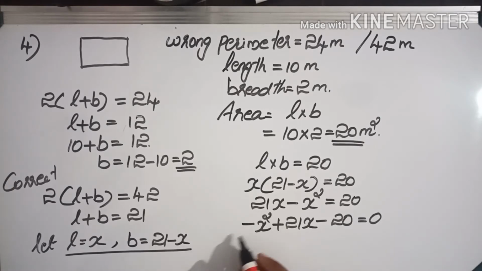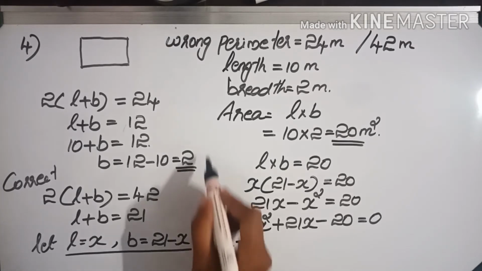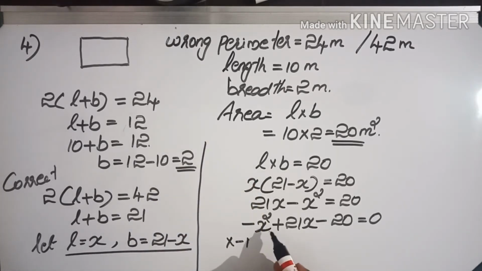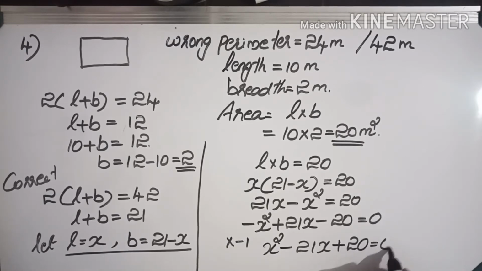In order to avoid confusion, because a equal to minus 1, when we apply the formula this negative will come in the denominator, so just divide the whole equation by minus 1. So just change the sign. Negative into negative plus x square, positive into negative minus 21x, negative into negative plus 20 equal to 0. So this is the correct equation.